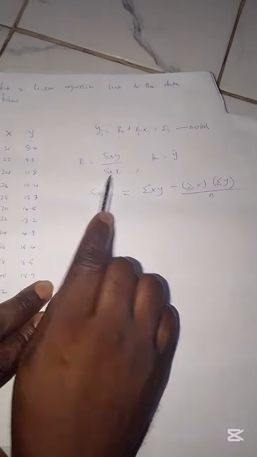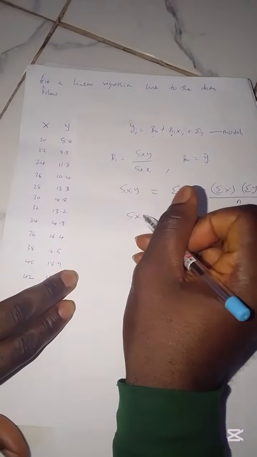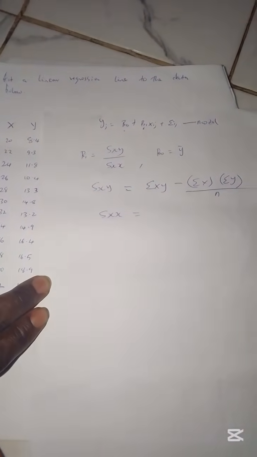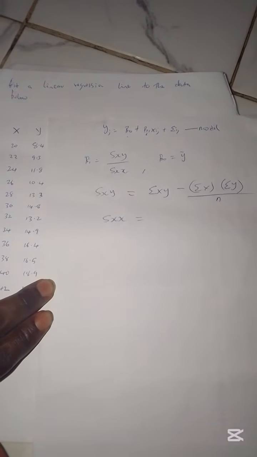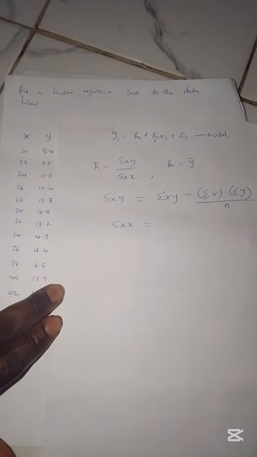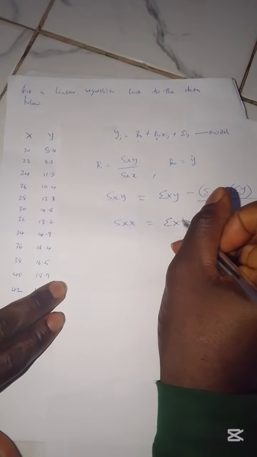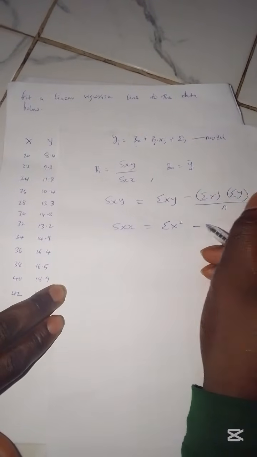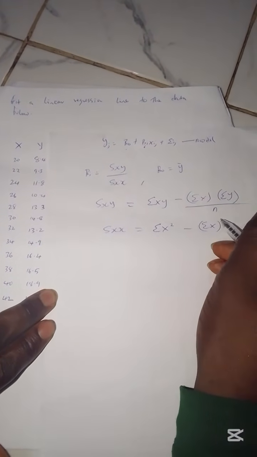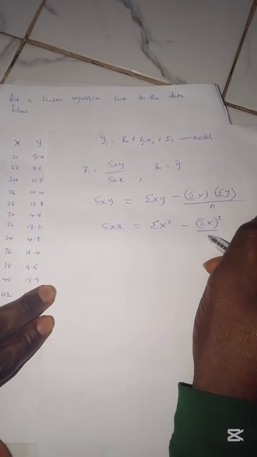But Sxx is equal to what? Sxx is equal to summation x squared minus summation x all squared all over n.